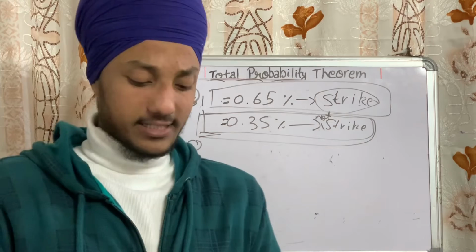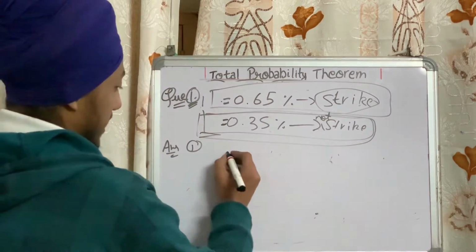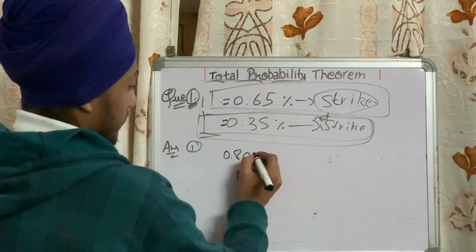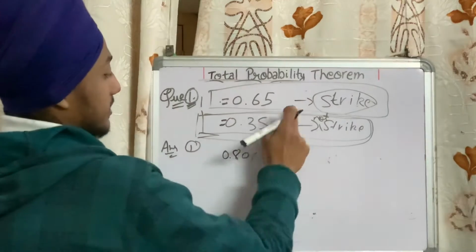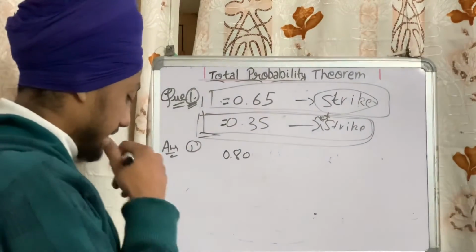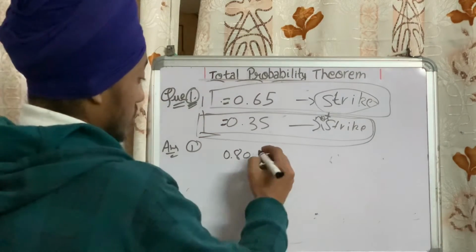So it is given to us as 0.80. It's not a percent, it's just 0.80. This 0.80 actually represents the probability that the construction job will be done on time if there is no strike.